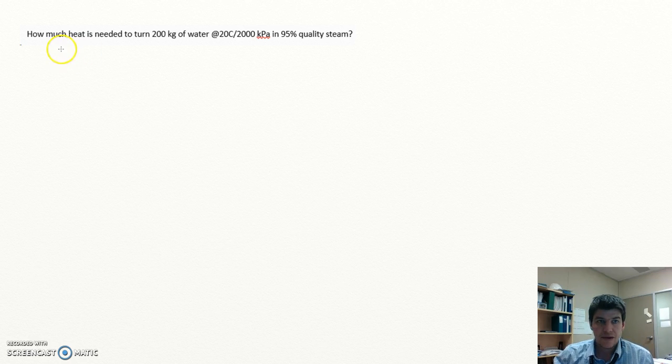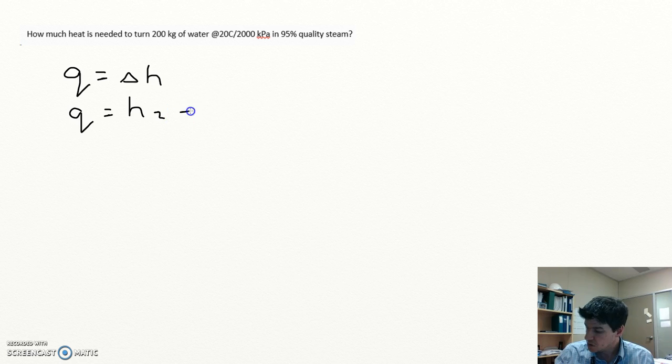And what that means is that if we're trying to find the heat, heat is going to be related to the change in enthalpy of the fluid. Or else if we write that out differently, we could say the heat is equal to H2 minus H1. H2 being my final point and H1 being my starting point.